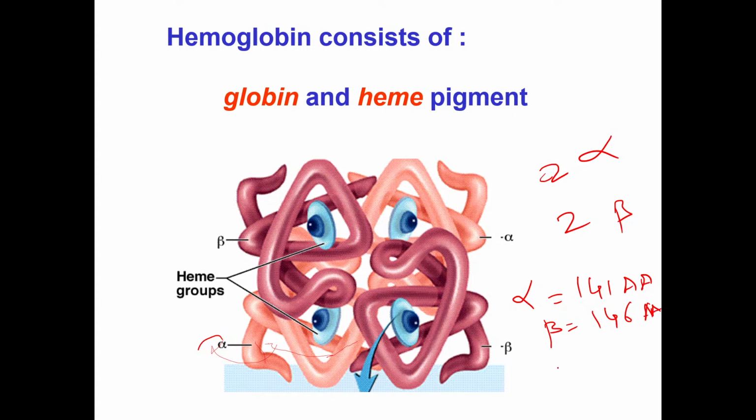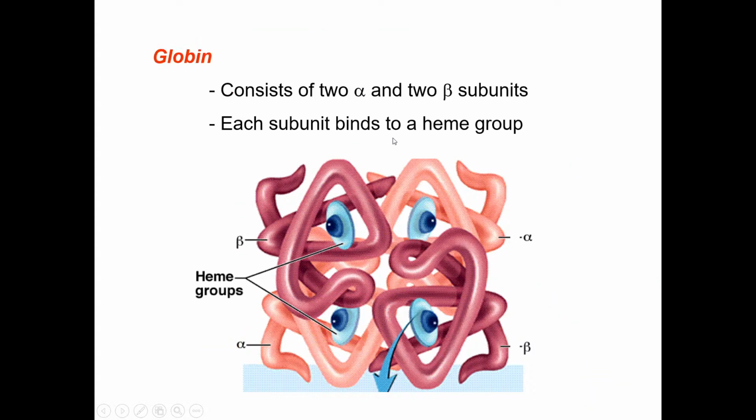On the whole, the globin portion of the hemoglobin molecule has 574 amino acids in all, because there are 2 alpha chains and 2 beta chains, and if we multiply 141 by 2 and 146 by 2, we get 574 amino acids in total in the protein portion of the globin molecule of hemoglobin. And one hemoglobin molecule has 4 iron elements, and they are necessary for the formation of the heme pigment.